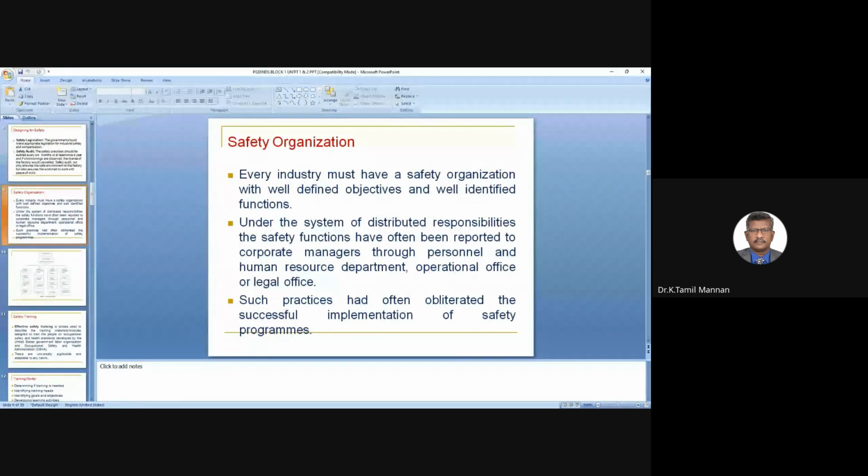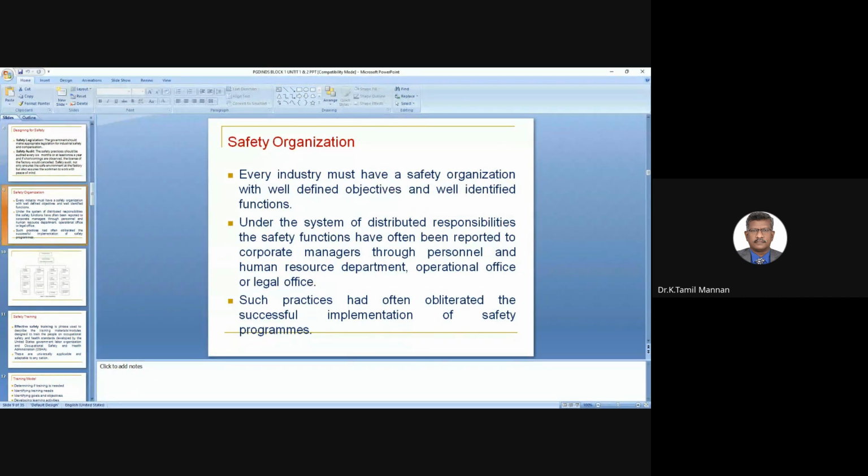Regarding the safety organization, we know that every industry has a different set of organizations and management structures. But whatever it may be, the safety organization has well-defined objectives and well-identified functions. Under the system of distributed responsibilities of safety functions, matters are often reported to corporate managers through the personnel and human resource department or operational office or legal office.